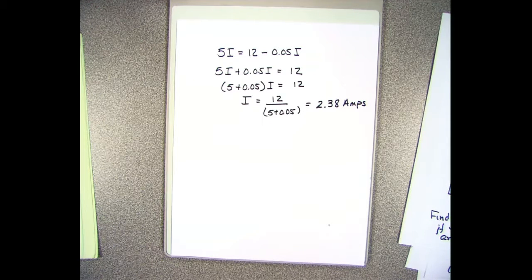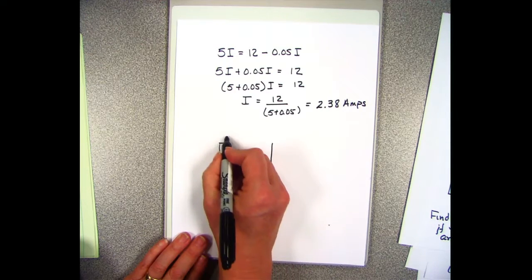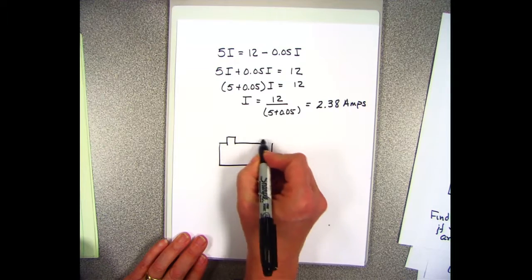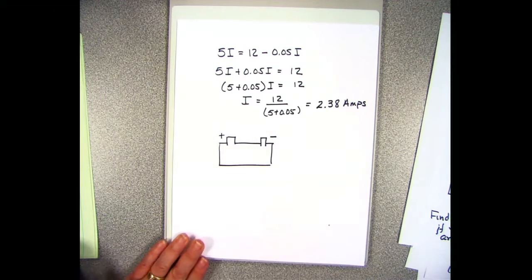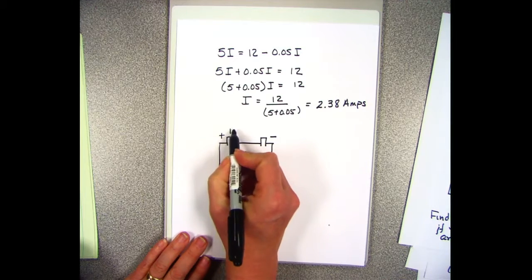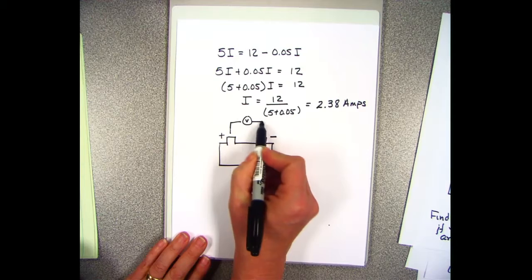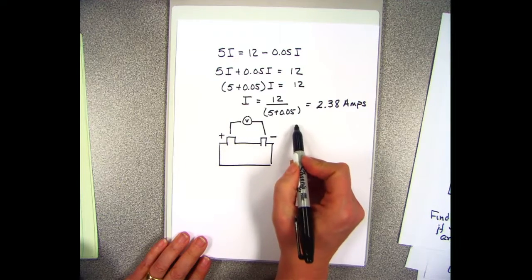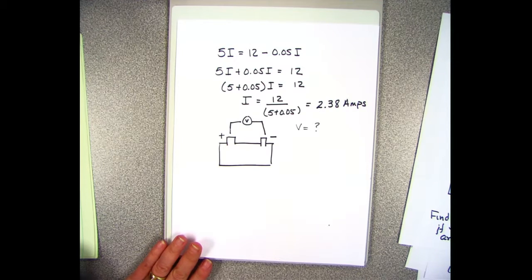So let's draw this, because this looks like a car battery, right? This really looks like my car battery, and this is the negative side, that's the plus side. If I take my voltmeter, so I'm going to put my little voltmeter in here, just like I did in lab, and I want to see what it's actually going to measure.